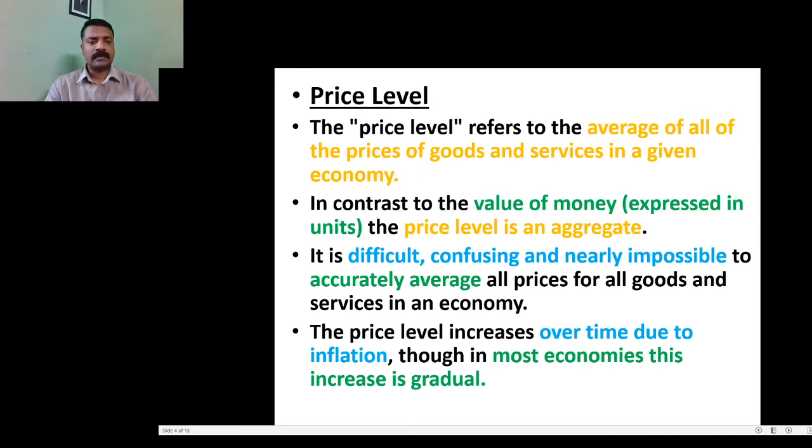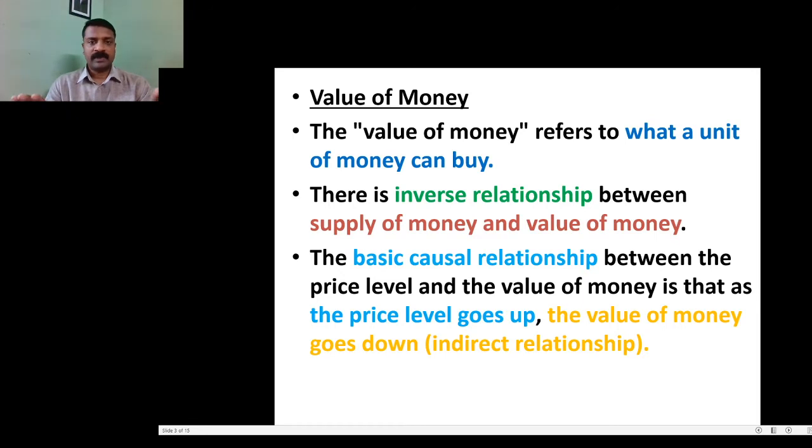So when the price level is shown in aggregate, it becomes difficult, confusing, and nearly impossible to accurately average all prices for all goods and services in an economy. The price level increases over time due to inflation. In most economies, this increase is gradual. So here we explain the value of money.